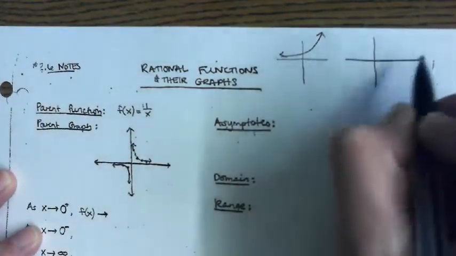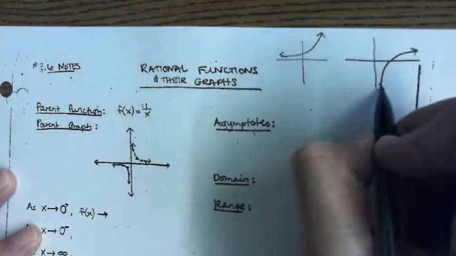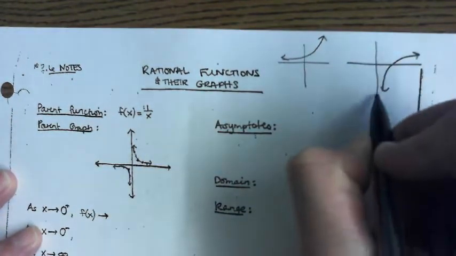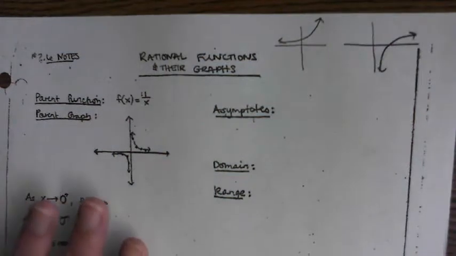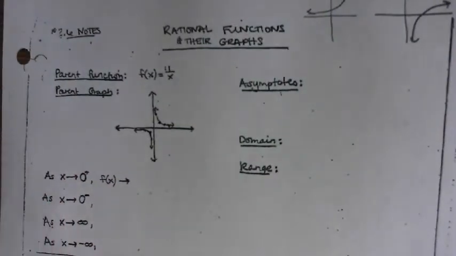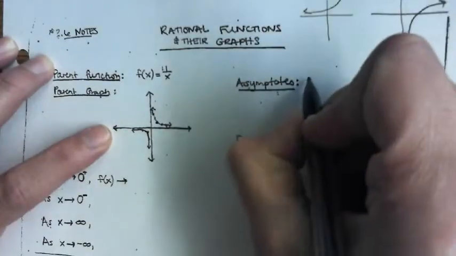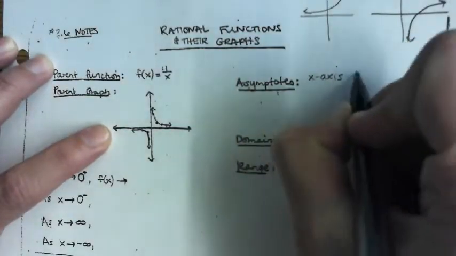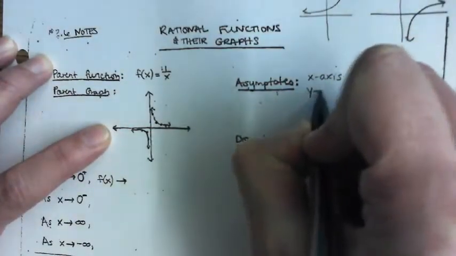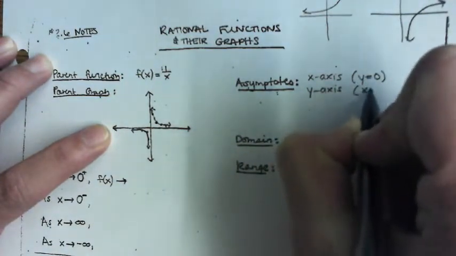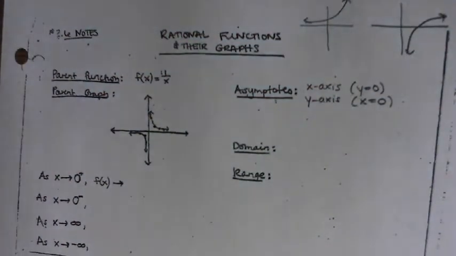Log functions have a vertical asymptote. Rational functions have one, sometimes more of each. Okie doke? So, in your parent graph, your asymptotes are the x-axis, aka y equals 0, and the y-axis, aka x equals 0. And then when we shift, those will shift with the problem.